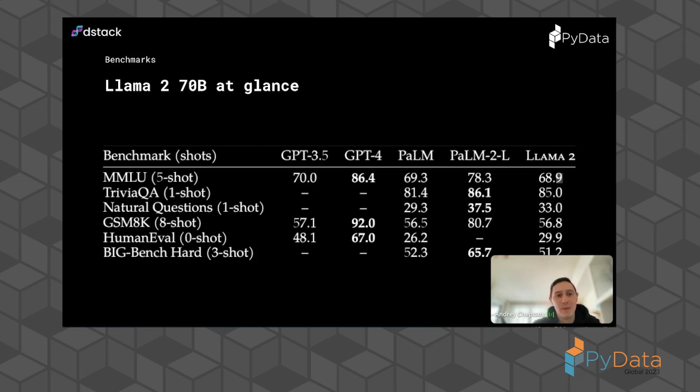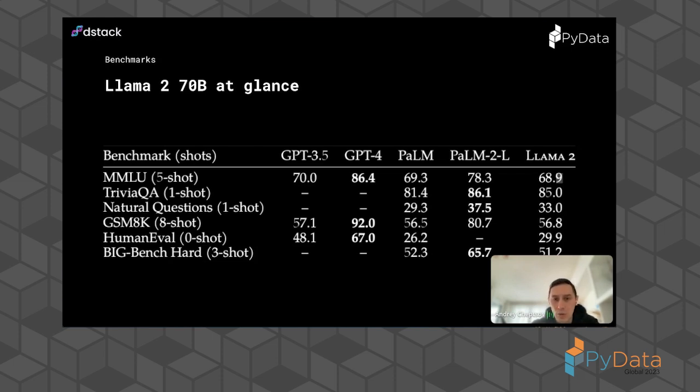The first one is MMLU, Massive Multitask Language Understanding, which simply tells how good the model is overall across different tasks. And what is worth mentioning here is that Llama 2 comes really close in terms of quality to GPT 3.5, which you might be familiar with.